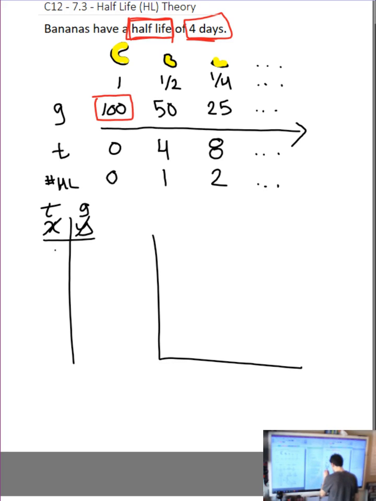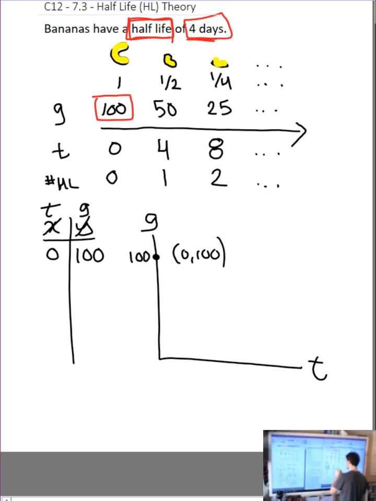So at time 0, I have 100 grams. So I can mark the y-axis and the x-axis, and I have the point 0, 100. So I can mark 100, and I can label the points 0, 100.